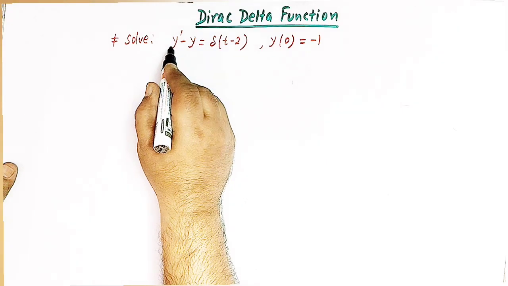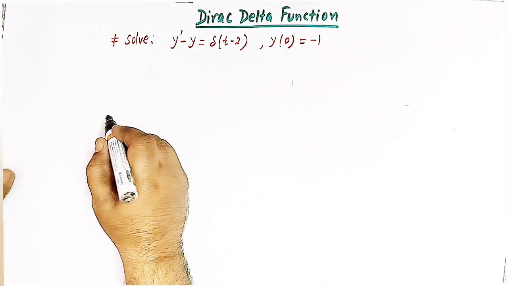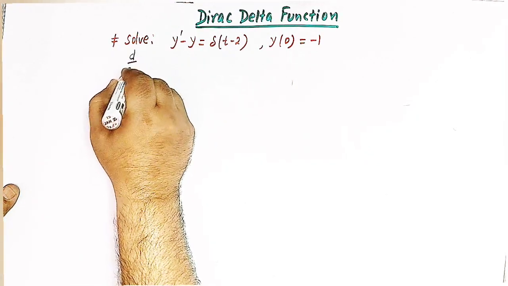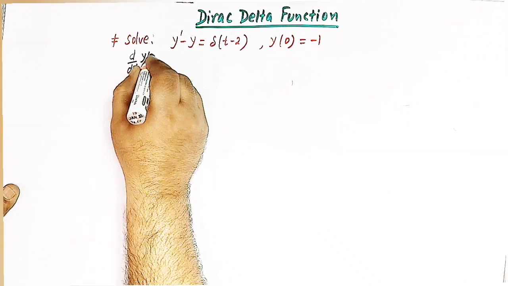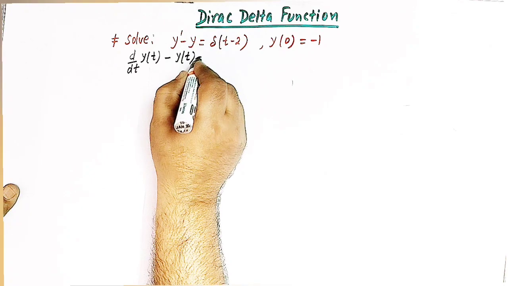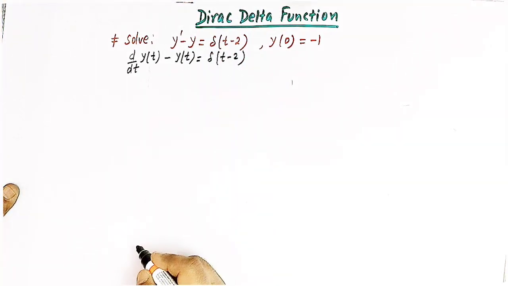So here we are given y prime minus y is equal to delta of t minus 2. So let us rewrite this differential equation as d by dt of y of t minus y of t is equal to delta of t minus 2, right?